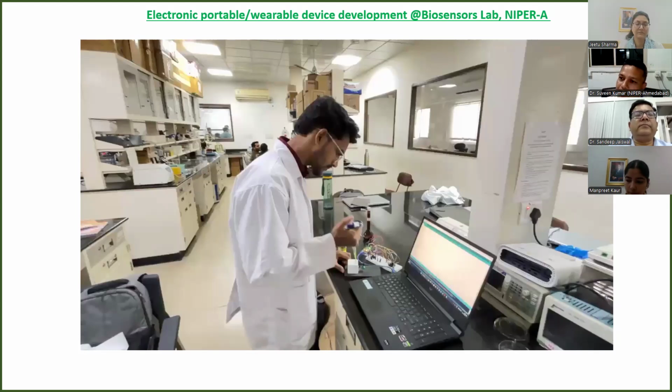The analyte is your biomarker, and the bioreceptor may be in the form of antibody, DNA, mRNA, or rRNA. Any form of bioreceptor can be used.